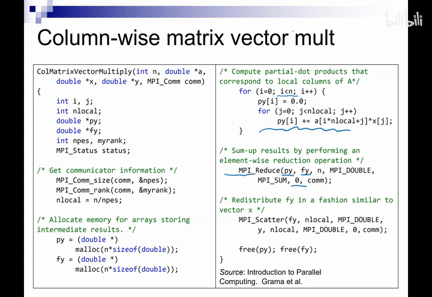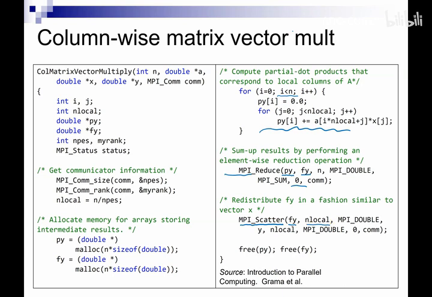And then the final thing is that process 0 now has all of the y values, and it wants to distribute different portions of these y values to different processes. So process 0 is going to do a scatter operation of these y values, and it's going to give n local values to each process.